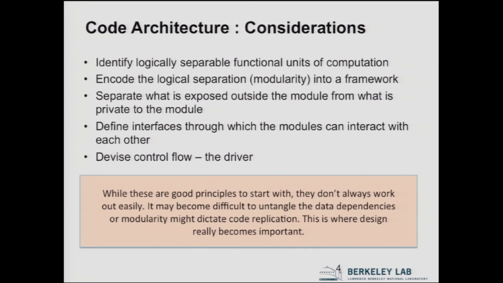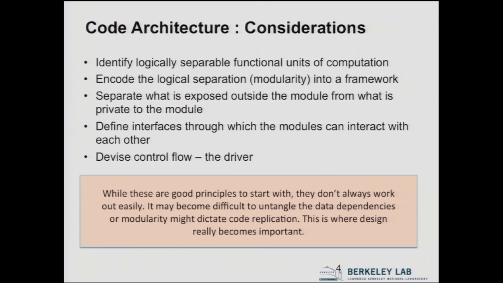The way you start architecting your code is to identify units of computation that you can logically separate from one another, and you turn them into components of the code. You encode these various components of the code into a framework which is then integrated, and therefore you incorporate modularity into your framework.